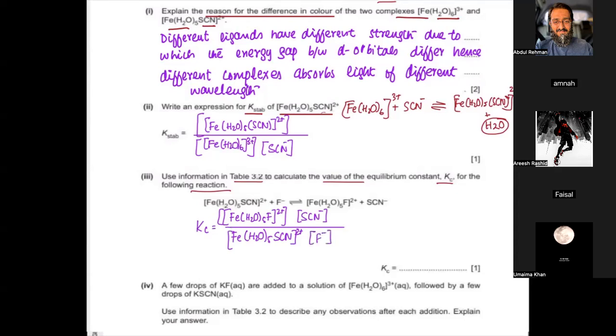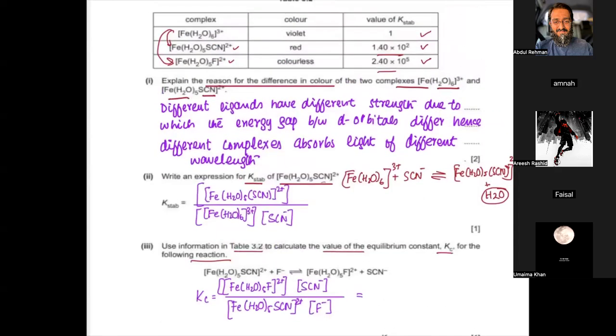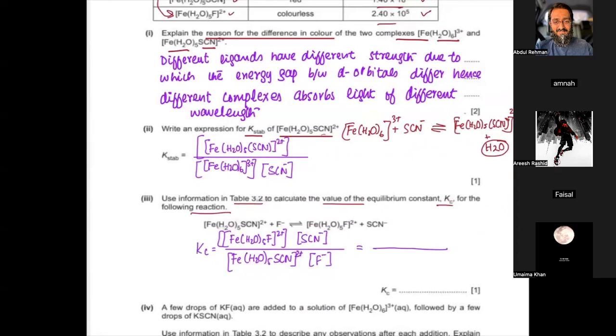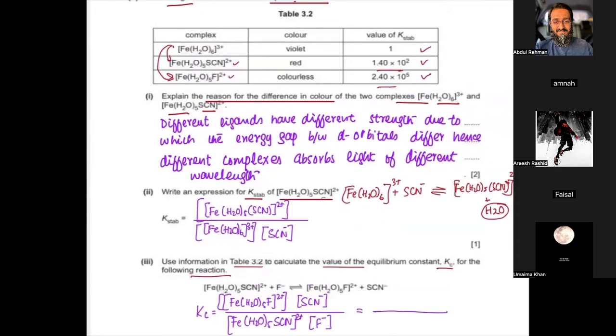So see, your fluoride complex is in the denominator, and the thiocyanate complex is in the numerator. So you are going to just take their K step values from here and put them over here. And then on solving, you will get the answer.